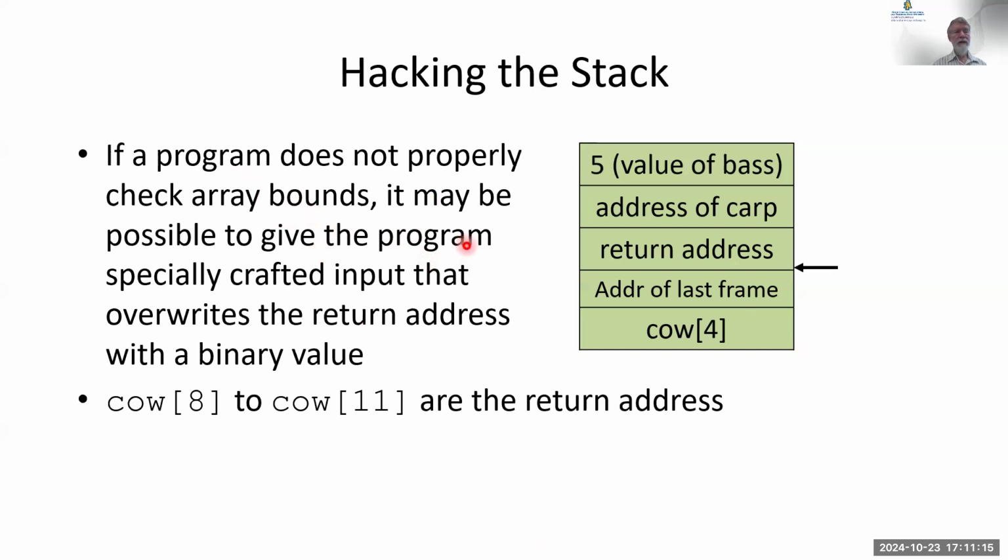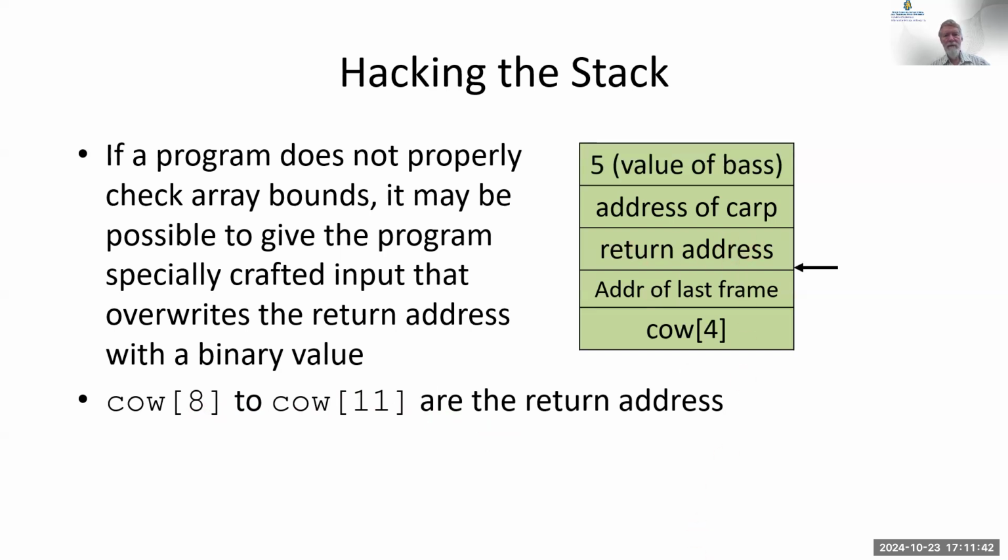If your program does not check for array bounds, like C or C++ generally do not, then cow 4 through 7 are the frame pointer, 8, 9, 10, and 11 are the return address, and so forth. So if you store something into cow 8 through 11, it will overwrite the return address.